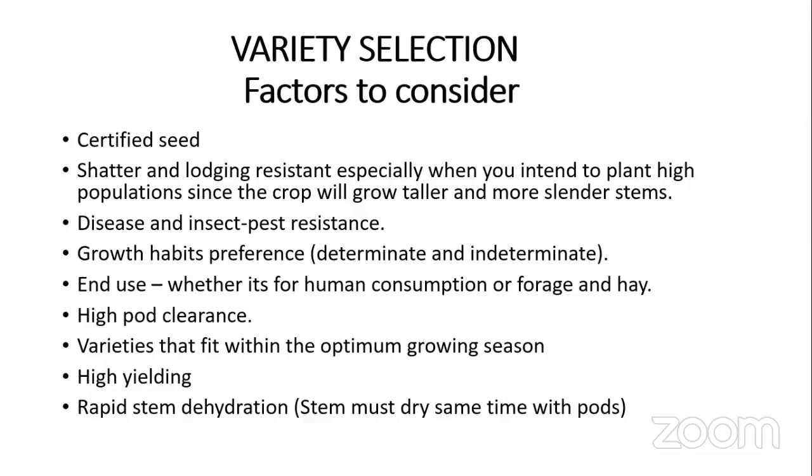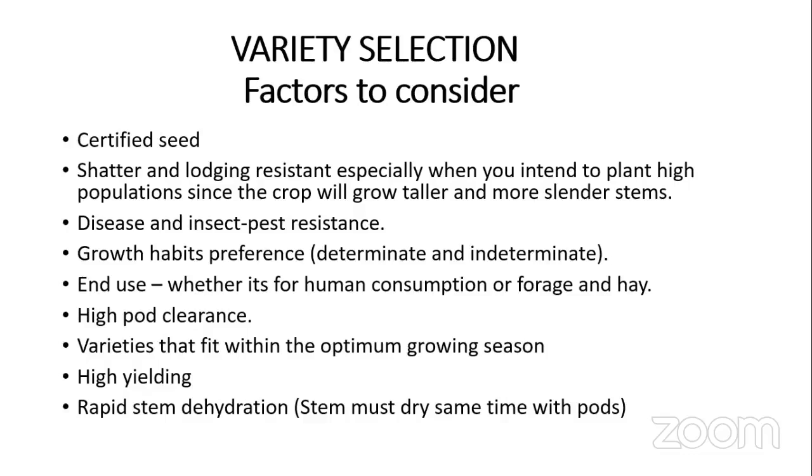Then you also go to look at the growth habit preference. There are determinate and indeterminate varieties. The determinate varieties do the vegetative growth stage, and then it is halted or stopped. From there, that's when the reproductive stage will start, the flowering, and the other processes that follow, including pod formation.